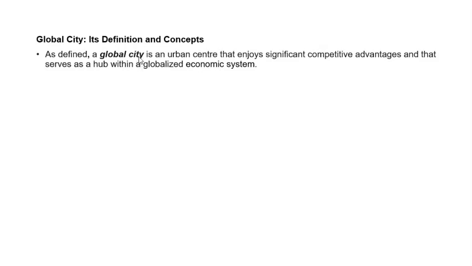The rural-urban differentiation has a significant relationship to globalization. To give you a clearer understanding of what a global city is, it says here hub, serve as a hub within a globalized economic system.